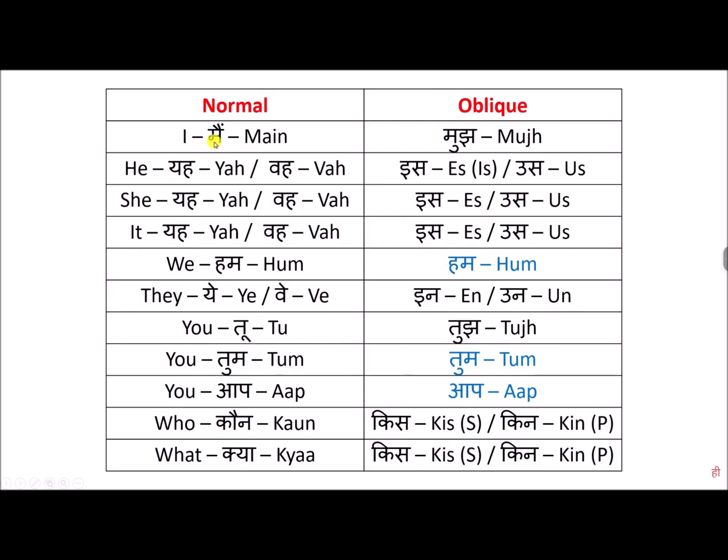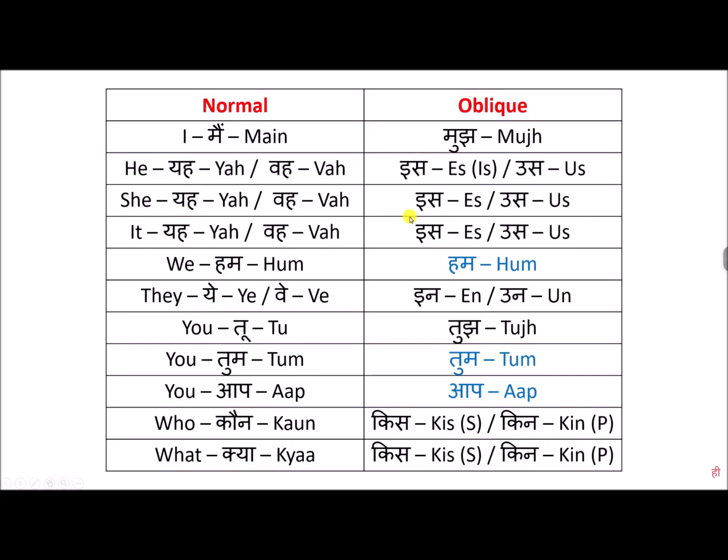I is मैं, and the oblique form of this is मुझ. यह is normal, and इस is oblique. You can spell it like this too. I have chosen to write it as es. वह, उस.